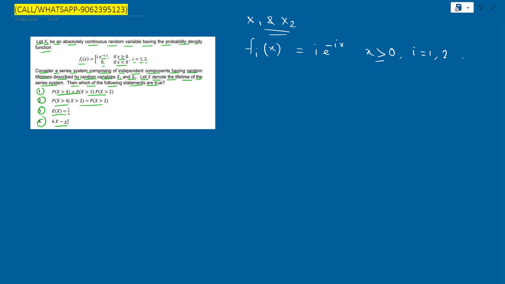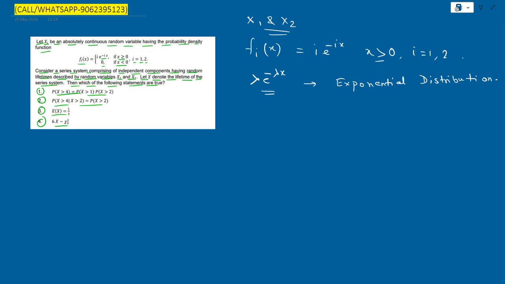Whenever you see lambda into e to the power minus lambda x, your brain should scream exponential distribution alert. Like your brain receives a WhatsApp notification from probability theory.